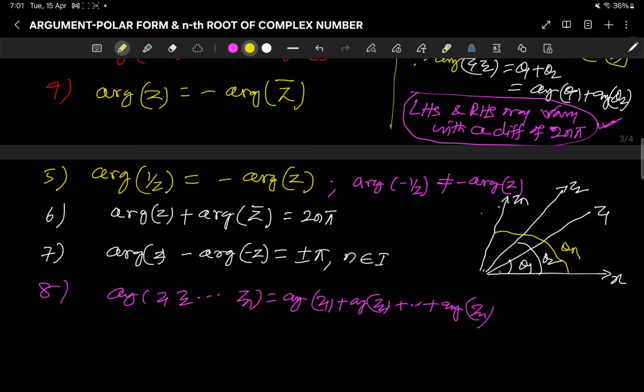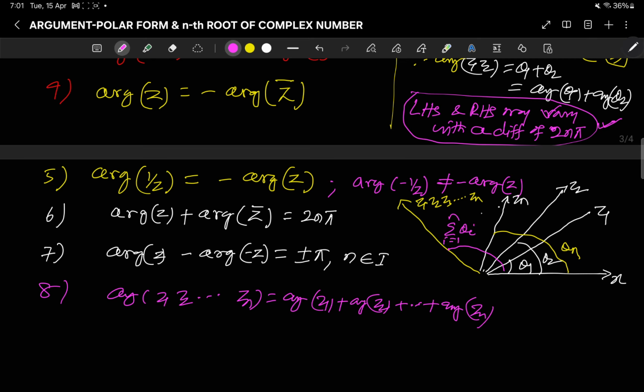Now this is z1 into z2 into z3 up to zn, and its argument will be the sum theta 1 plus theta 2 and so on, or the summation of theta i from i equal to 1 to n.